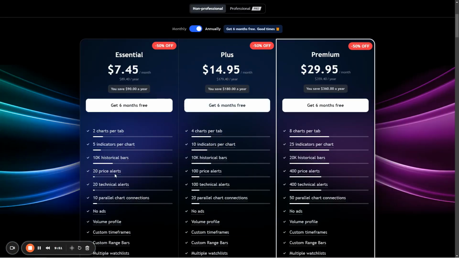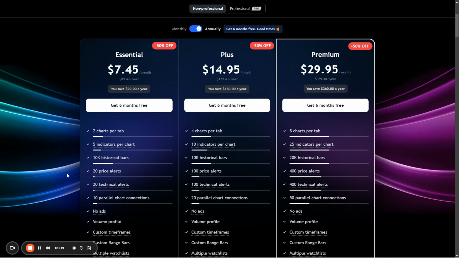This here with these technical and price alerts are the biggest drawbacks. So far, this isn't much of a problem, but price alerts and technical alerts definitely are. You do not realize how little 20 actually is. Because when you do get an indicator like mine, for example, and you're trading multiple currency pairs over multiple time frames, well, that is going to be a big problem.